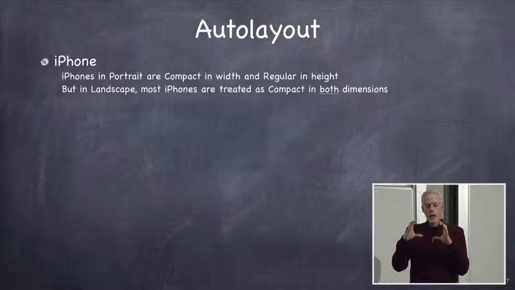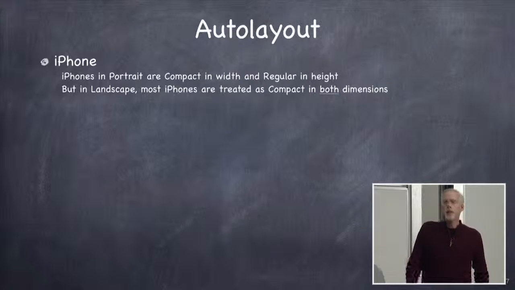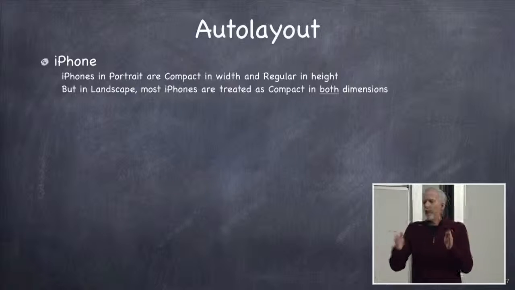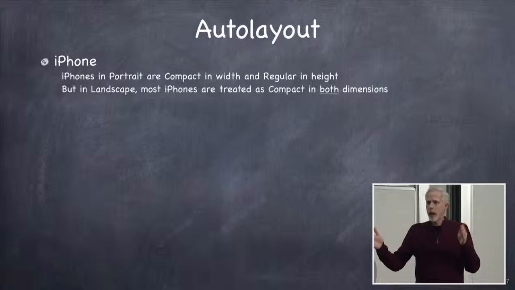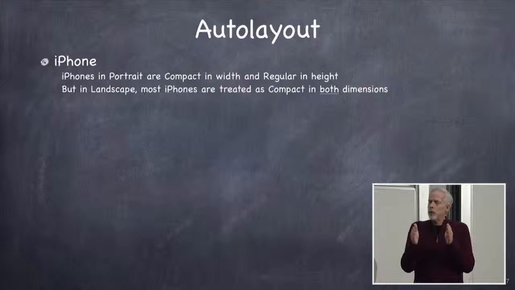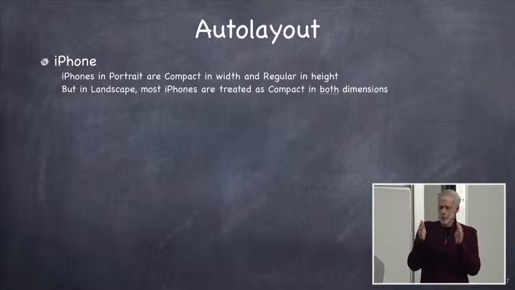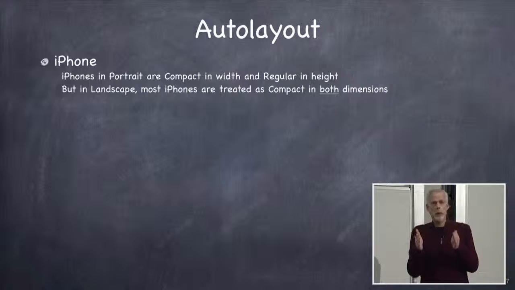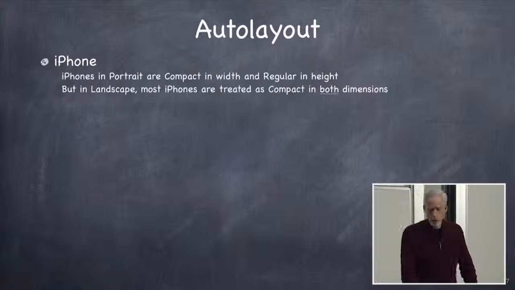When you switch to landscape, maybe surprisingly, iPhones are compact in both directions. Because even though when you go to landscape, it gets quite a bit wider, it's still not that wide. It's not wide like an iPad. So it's still somewhat constrained. So they decided to make landscape iPhone be compact in both directions. So in portrait, it's regular in height and compact in width, but in landscape, it's compact in both directions. A little counterintuitive, but you'll see it works out quite nicely.